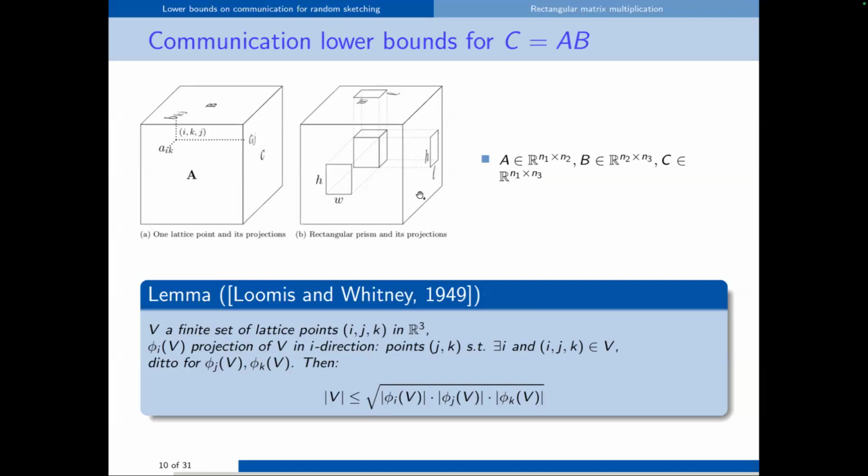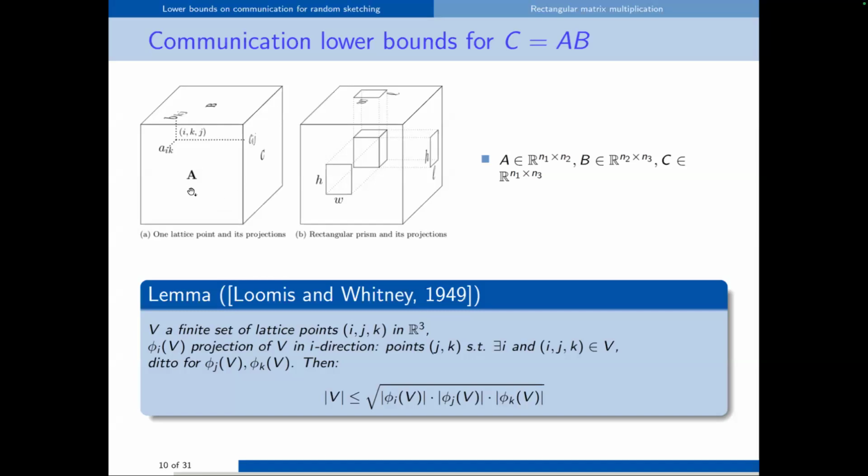And this result is used by interpreting the matrix multiplication, giving it a geometric interpretation in which we represent by a cube every multiplication which is performed in the three nested loops of the matrix multiplication.